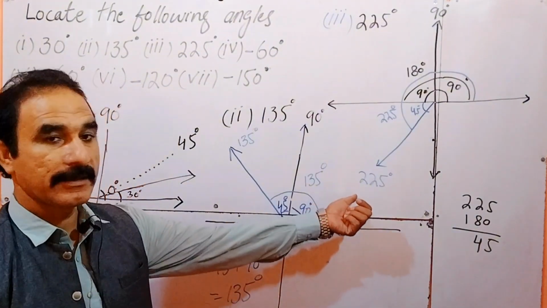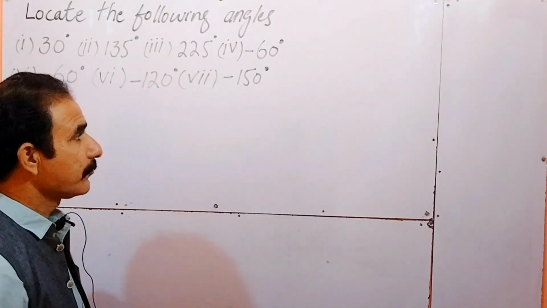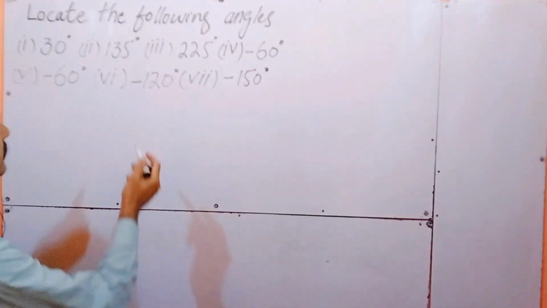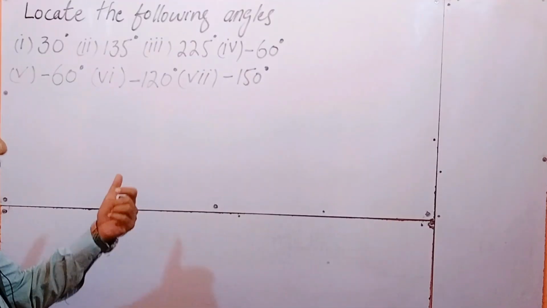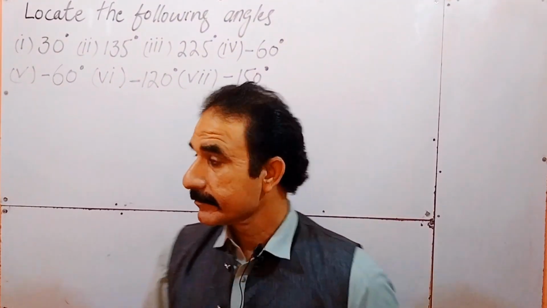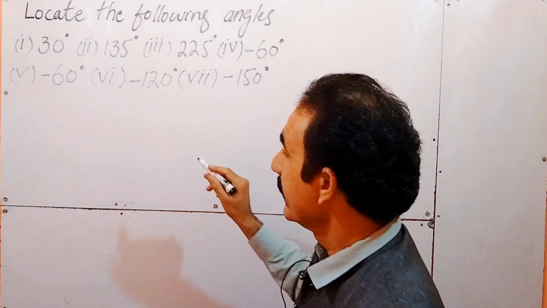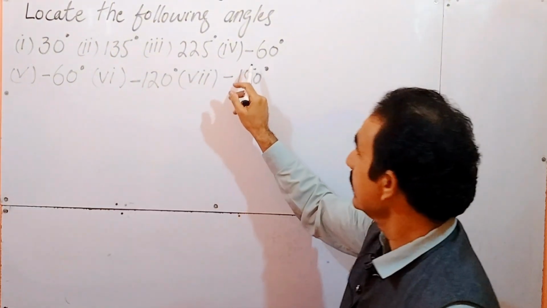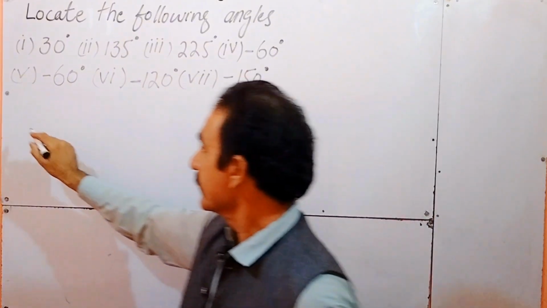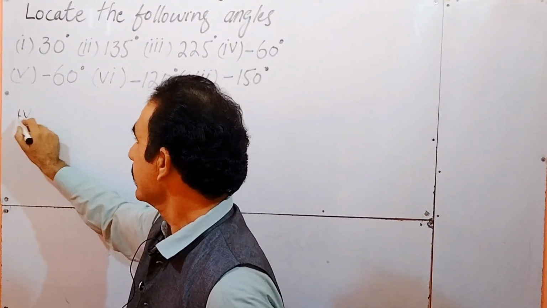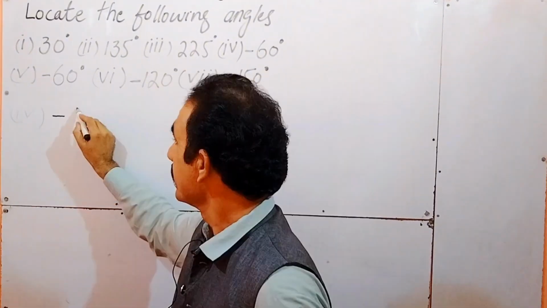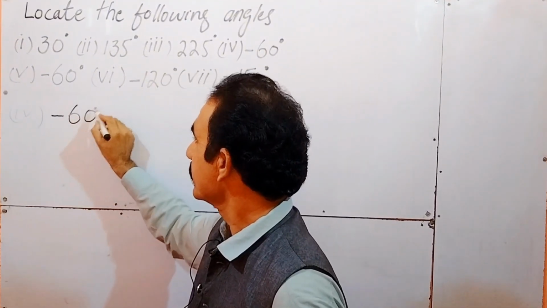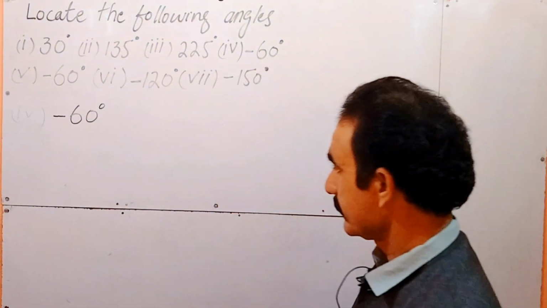That is our 225. I am trying to teach a very easy method of making angles in axis. Now we see example number 4. We have minus 60 angle.